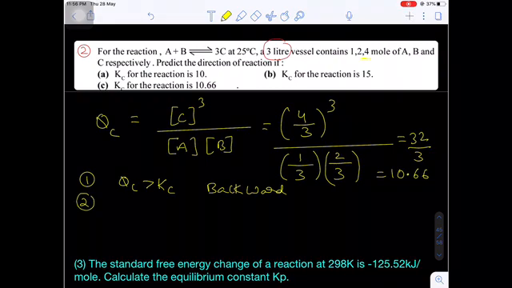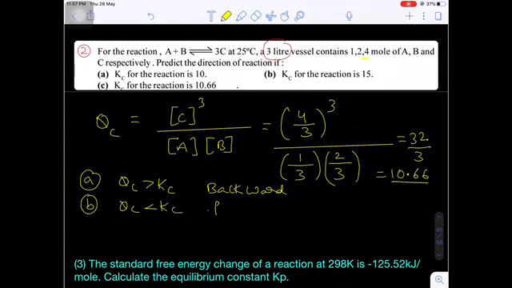This is the first question, A. Next, the second question, B. In question B, what is the Kc given to you? 15. But the Qc is only 10.66. That means Qc is less than Kc, so the system is shifting in the forward direction.